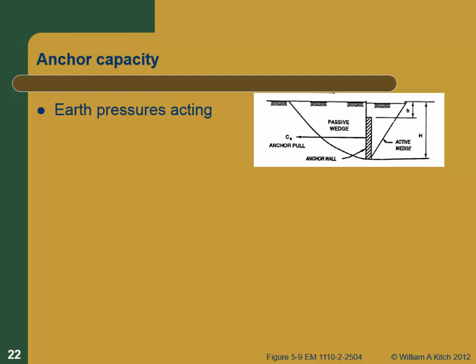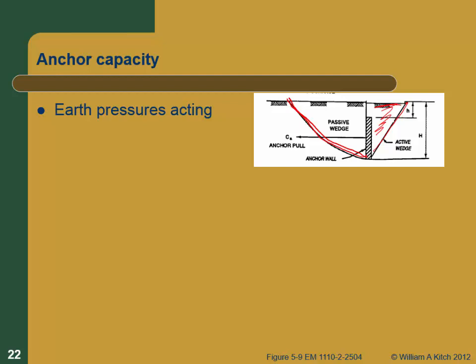So the earth pressures acting on this: realize that behind the wall you've got an active wedge which is pushing on the wall, right? And in front of it you've got your passive wedge, and here we've quite appropriately shown that as a curved line, because we know that we're not going to get a full triangular wedge out of there.